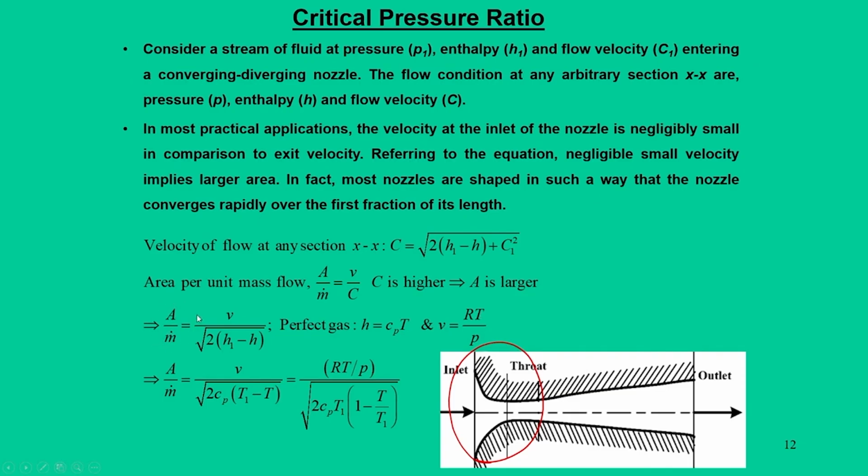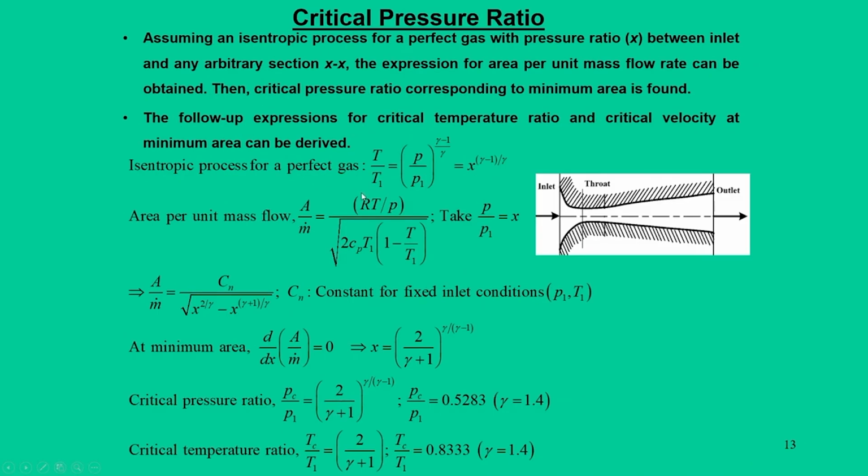Then the area per unit mass flow rate can be expressed by replacing H in terms of Cp and T, and after some mathematical simplification we can recall the isentropic process relationships between pressure and temperature for a perfect gas.